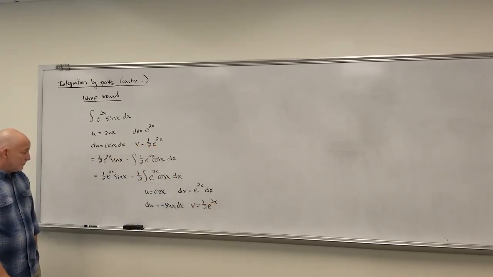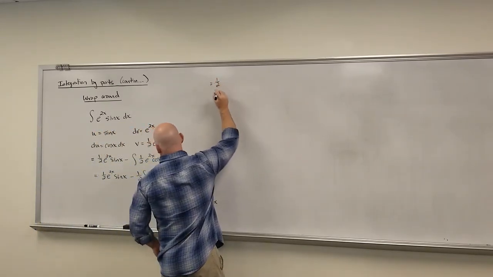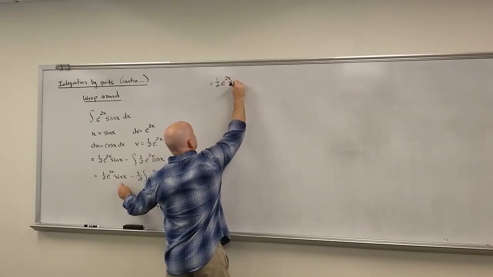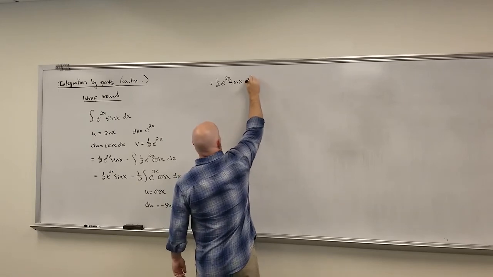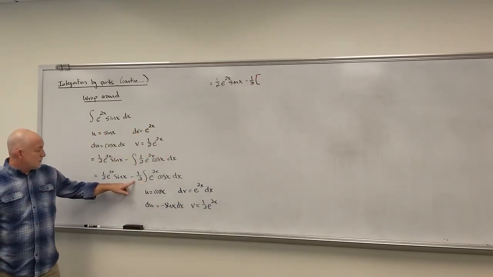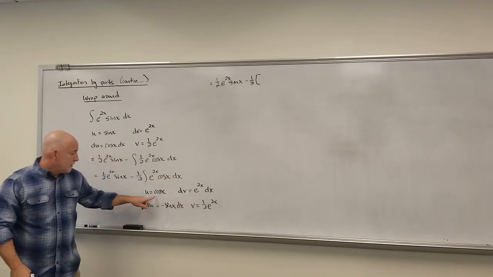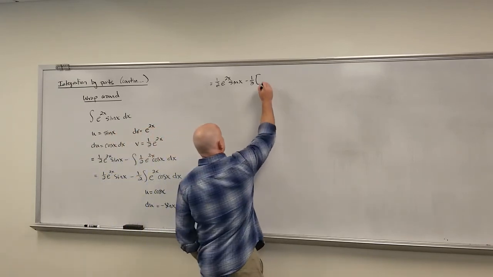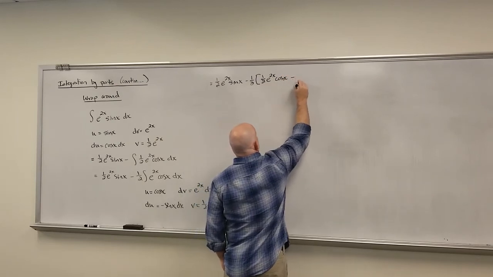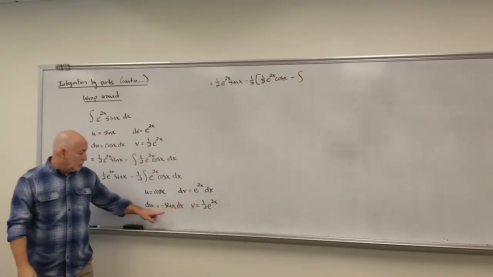All right, we need to move this up top here. So far we have that this is equal to 1/2 e to the 2x sine x minus 1/2. Now, we're about to break this integral up into two pieces, so this negative 1/2 applies to all of that. So we get uv, so 1/2 e to the 2x cosine x minus the integral of v du.